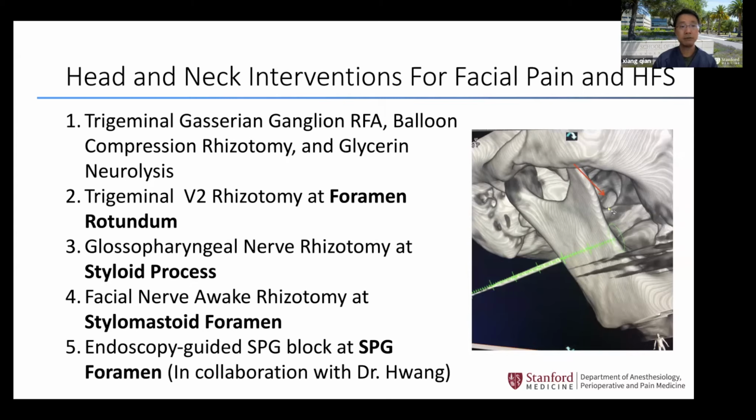A new type of rhizotomy we developed at Stanford to treat V2 trigeminal neuralgia, and also glossopharyngeal neuralgia nerve rhizotomy at the styloid process. This is relatively new as well. And most recently, we have developed this stylomastoid foramen level facial nerve awake rhizotomy to treat hemifacial spasm.